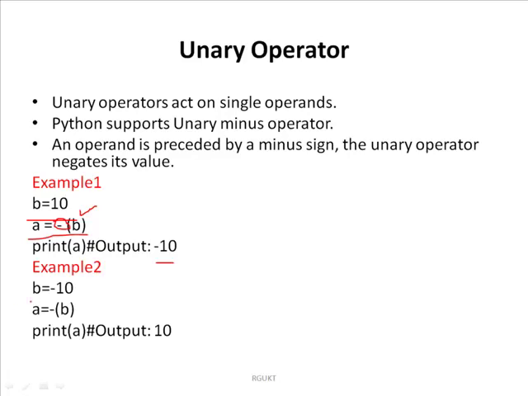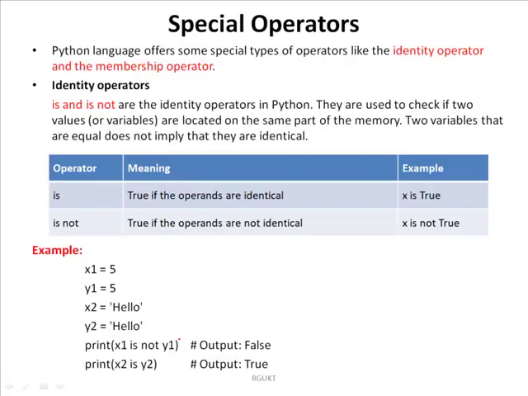For example, B equal to minus 10 and A equal to minus B: the operator is minus and B is the operand. B is holding minus 10 and I am applying the minus operator, so the value is going to be converted into 10. So this is about the unary operator.